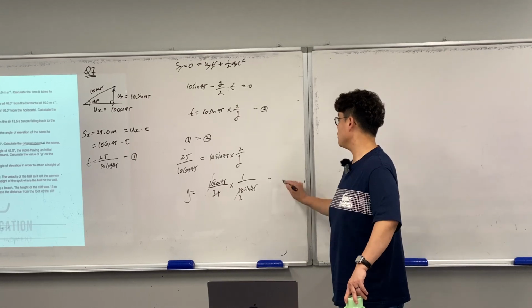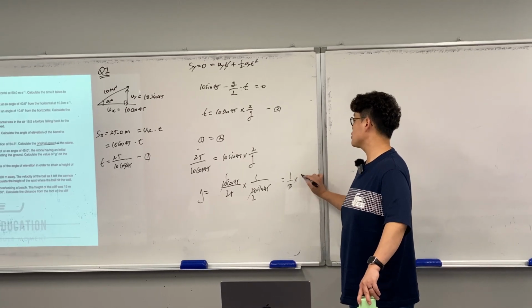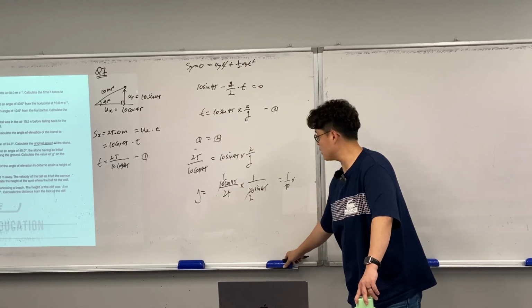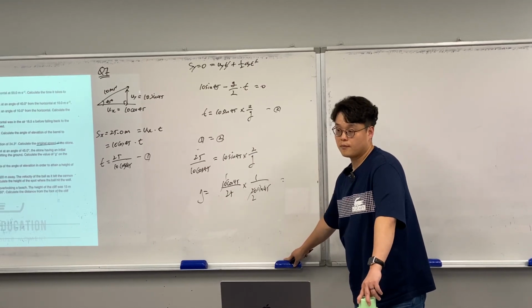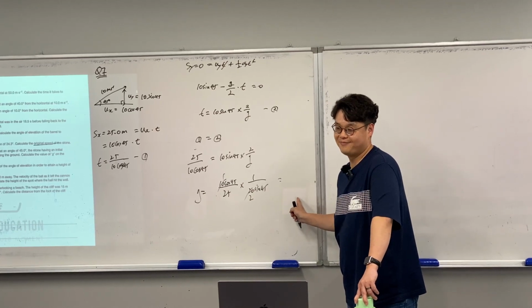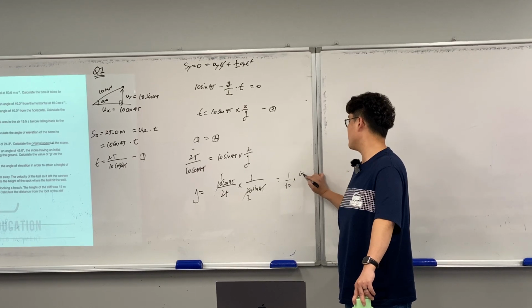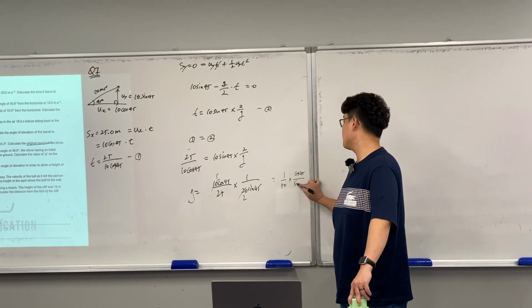It's 10 sine 45, by the way. Well, actually 1 over 50 times the root. Okay, anyways. Calculator. 1 over 50 times the cos 45, sine 45.